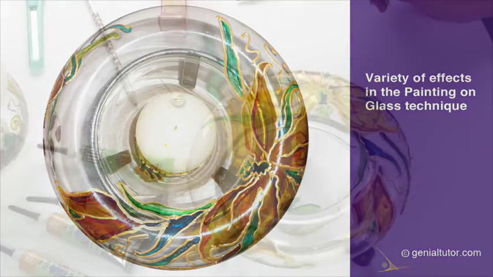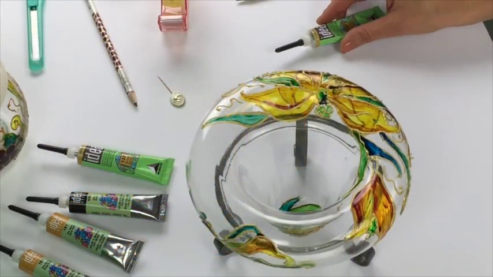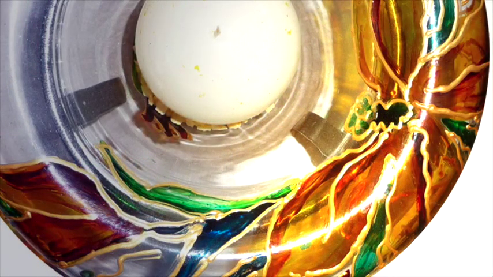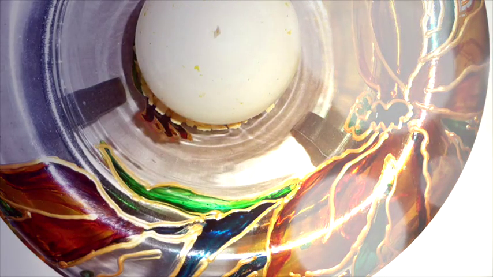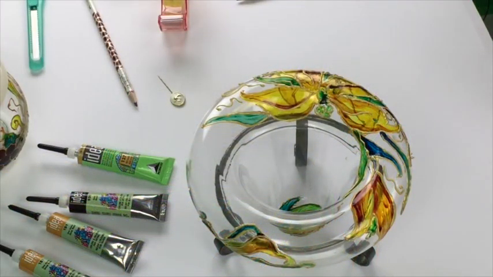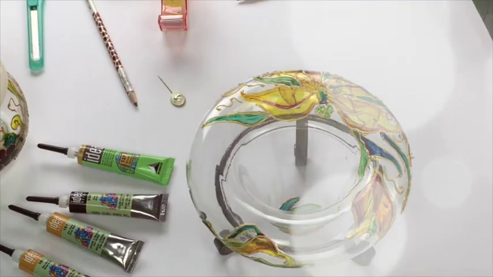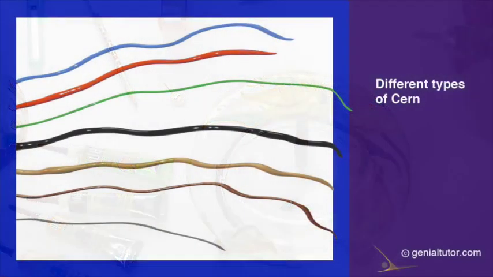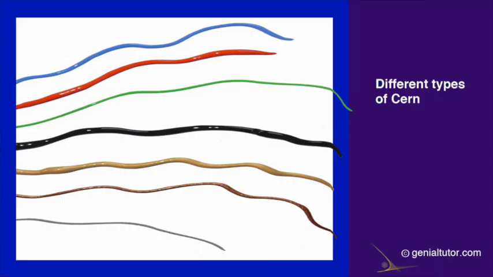This is our finished object. It is very nice, isn't it? In this case, we used a light gold color cern. Having a composition of yellow lilies, we could also use other metallic colors, such as bronze, copper or rust.